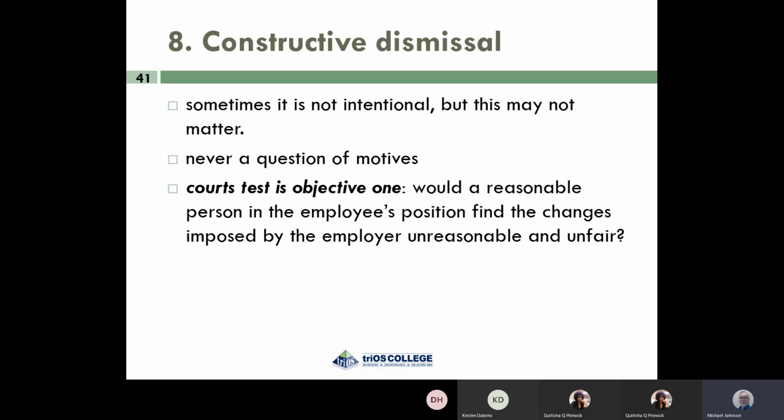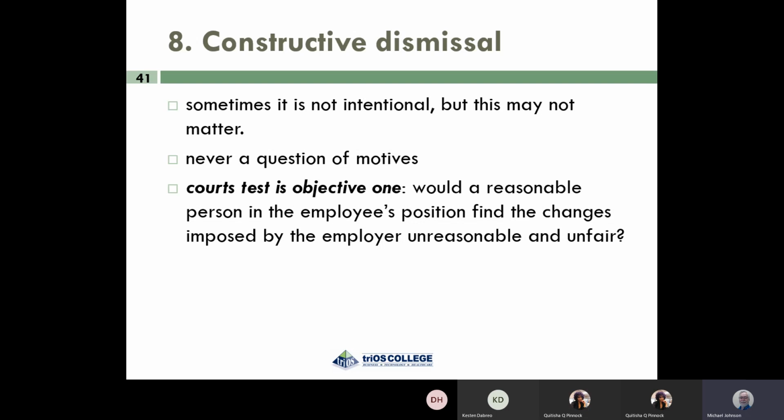Reasonable person is how a court actually makes a determination. They look at all the facts and they say, would an individual of average intelligence in this particular field, whatever field it happens to be, make decisions or make choices of a particular nature? So they look at it as an objective test.